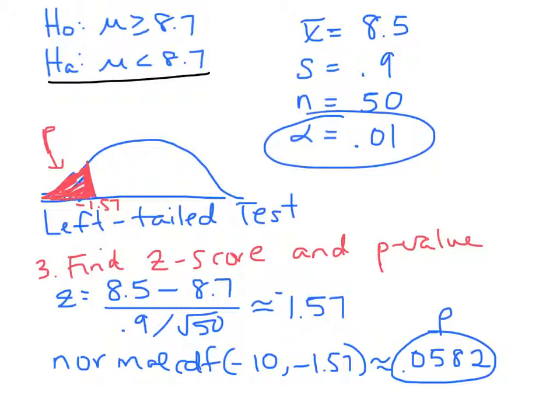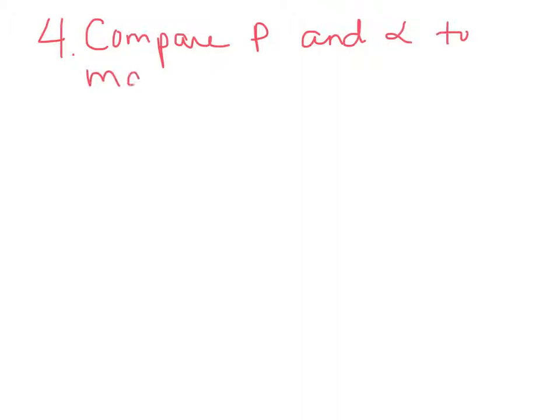So Step 4 is to make a decision: compare P and alpha to make our decision. Our decision is either going to be to reject H sub 0 or fail to reject H sub 0. So here's our decision maker.